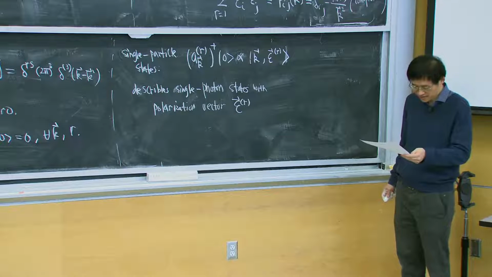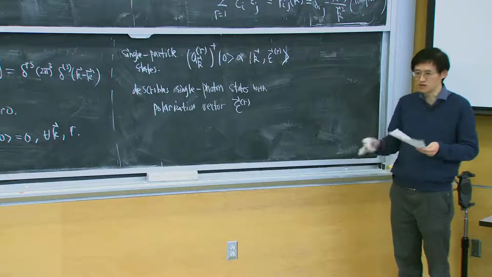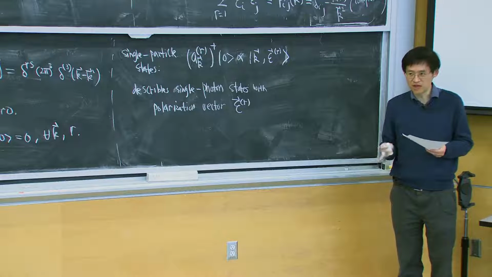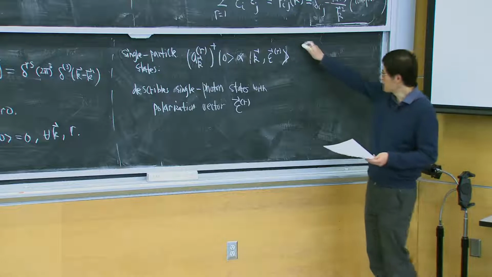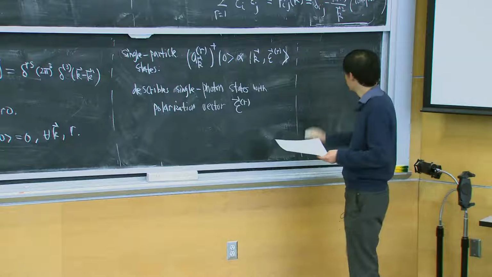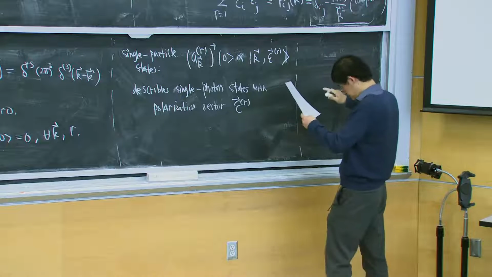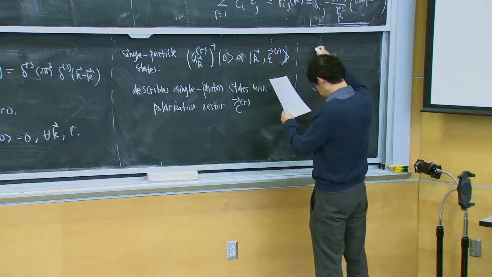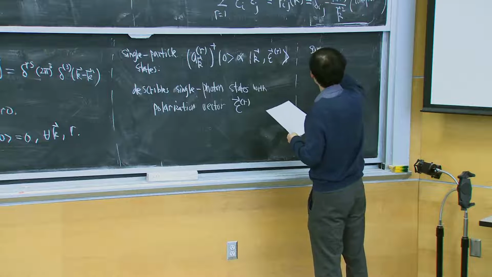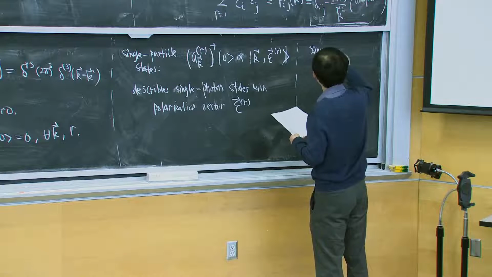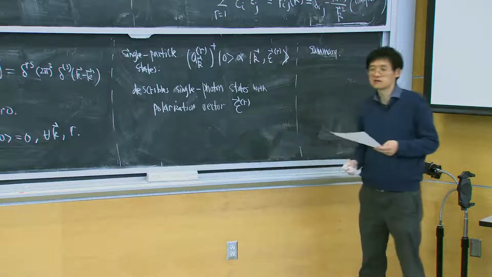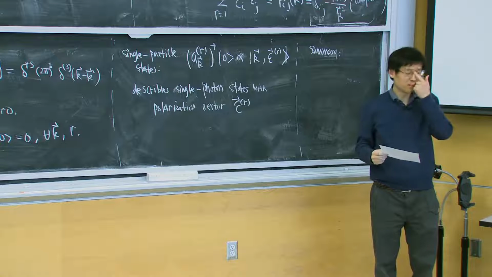Okay. So that concludes the story for quantization in the Coulomb gauge. Just to summarize, the Coulomb gauge is conceptually pretty simple.